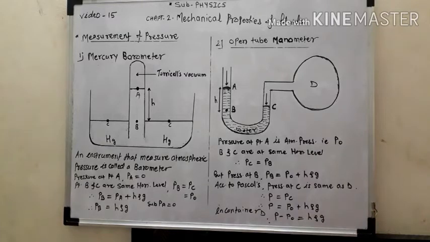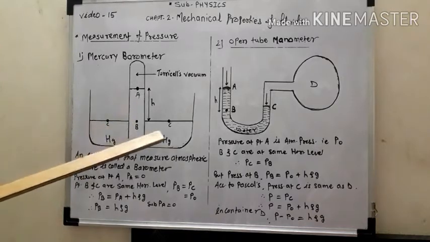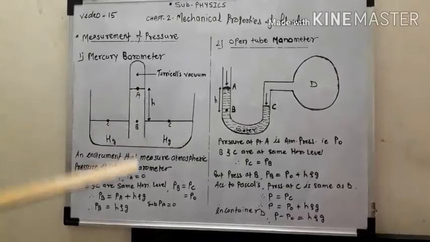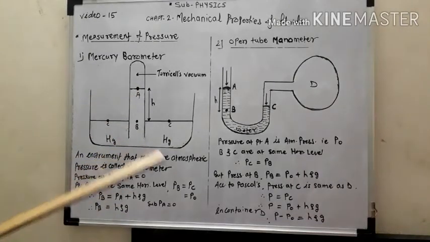It consists of a glass tube completely filled up with mercury. We do not see the mercury itself here, but this portion which is fully filled by the mercury, denoted Hg.